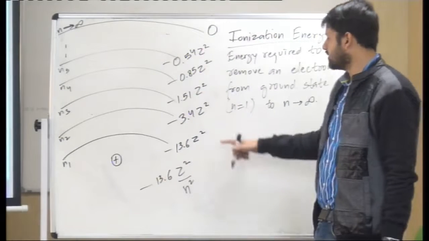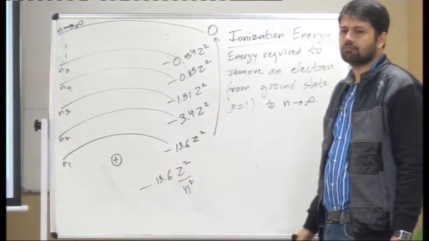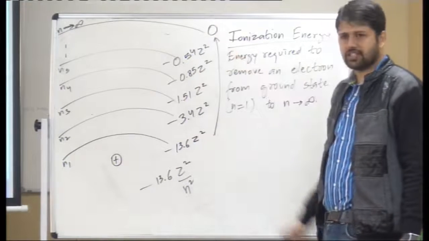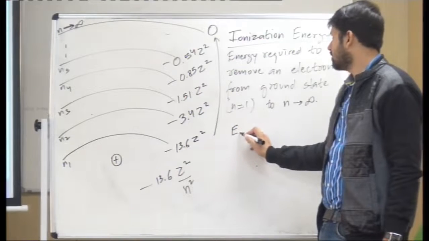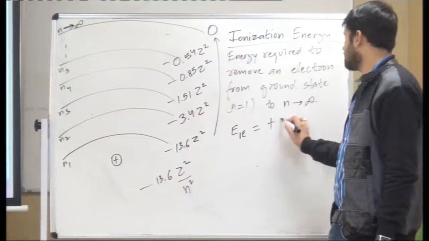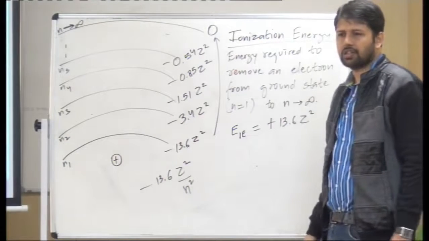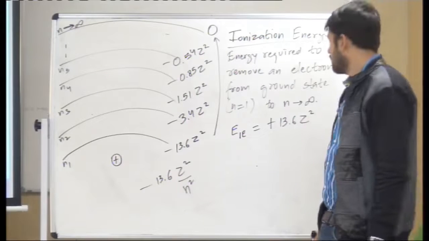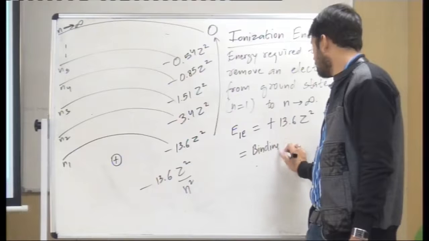So how much is the change from here to here? You need this much energy. The energy needed, the IE, is actually plus 13.6 Z square, right? And this is also called binding energy.